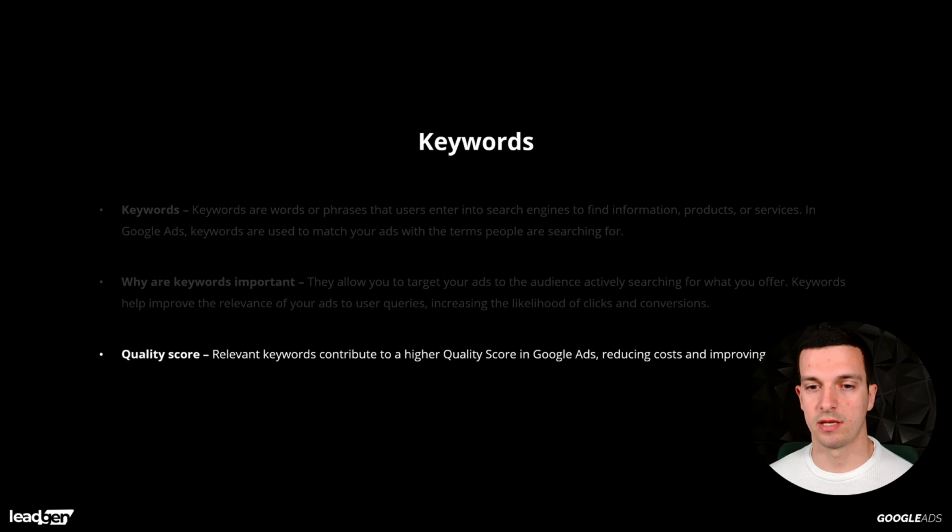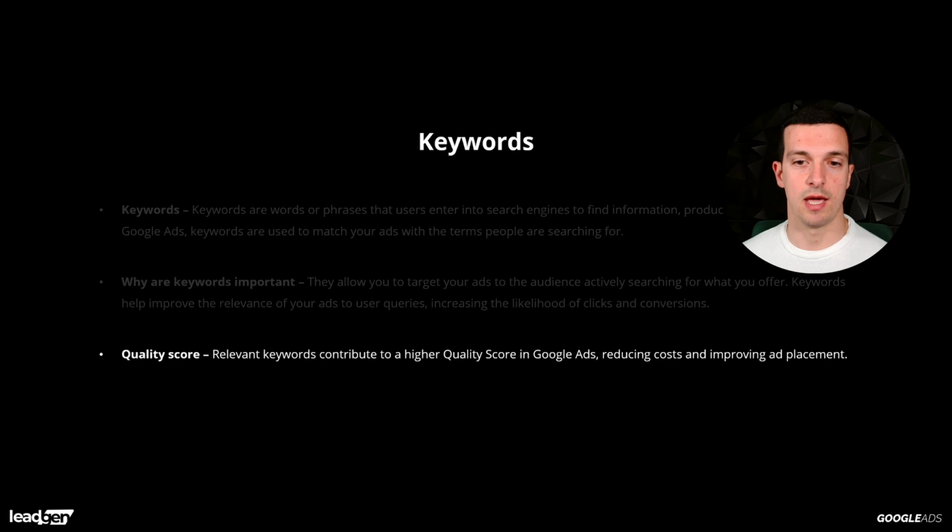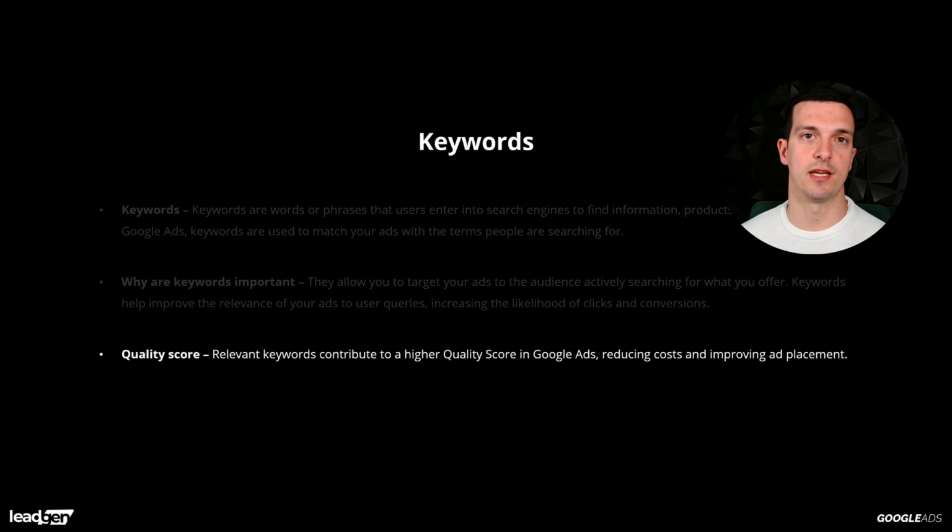Quality score: relevant keywords contribute to higher quality score in Google Ads, reducing costs and improving ad placements. So there's this metric called quality score, and Google wants advertisers to have great ads that are matching to the keywords. The quality score is from 1 to 10, and it's running in the background.